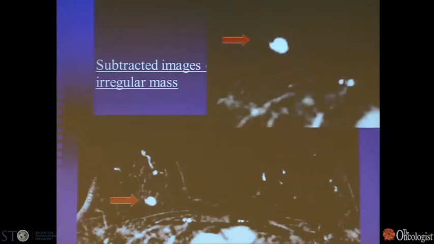And here I'm showing a subtracted image. By that I mean we take a post-contrast image, subtract pre-contrast data, and all of that breast parenchyma that was obscuring visualization does not enhance sufficiently, so we can focus on that spiculated mass that we're seeing.